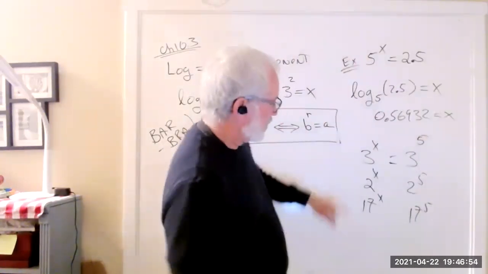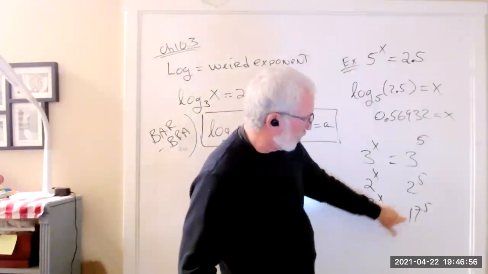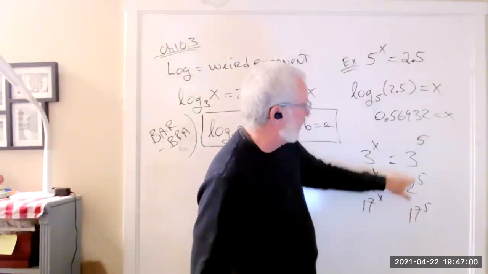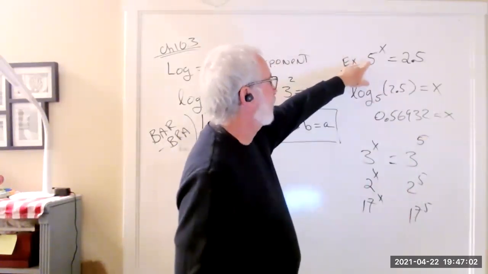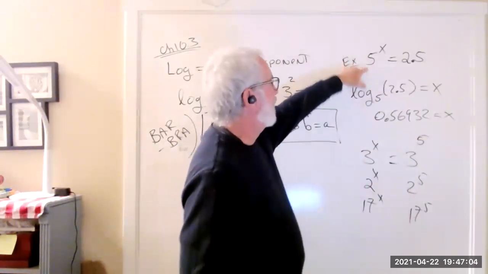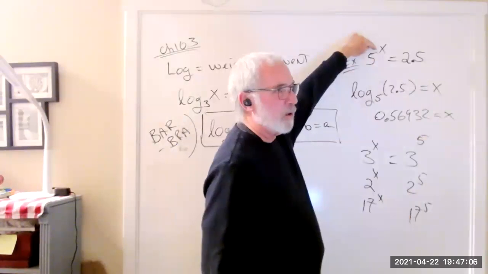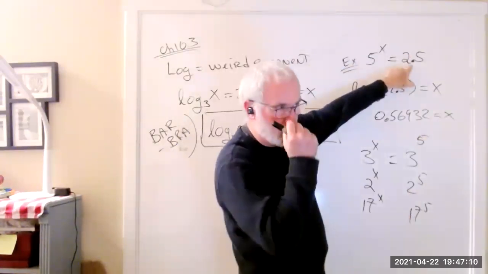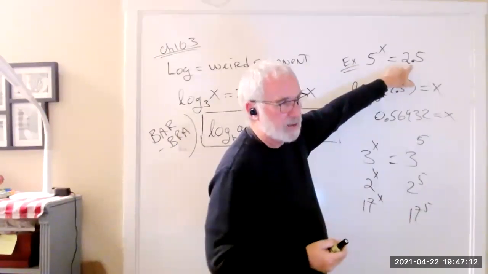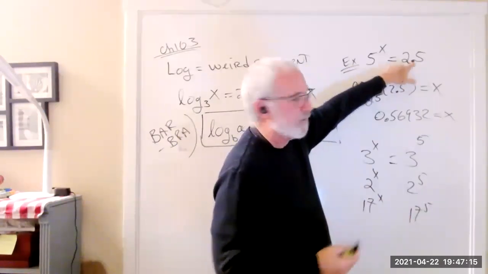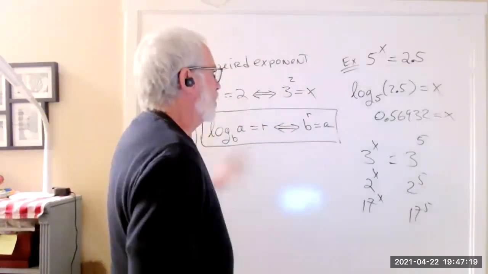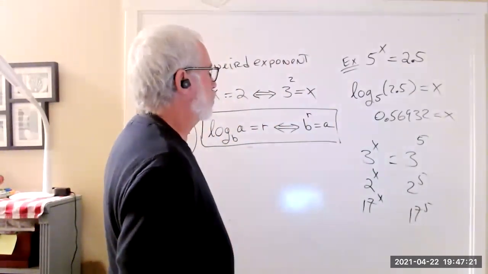The base means something raised to that power. This is a different thing. So this base here says, if I take 5 and I raise it to some power, how do I get 2.5? I'm not answering the question well. I'll just stick to the calculator.